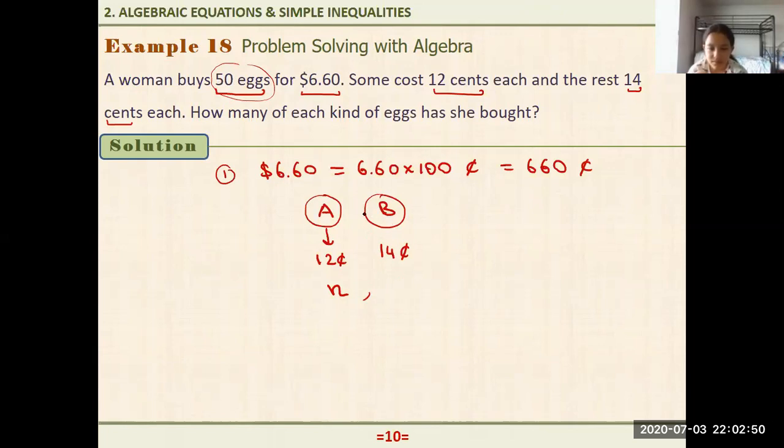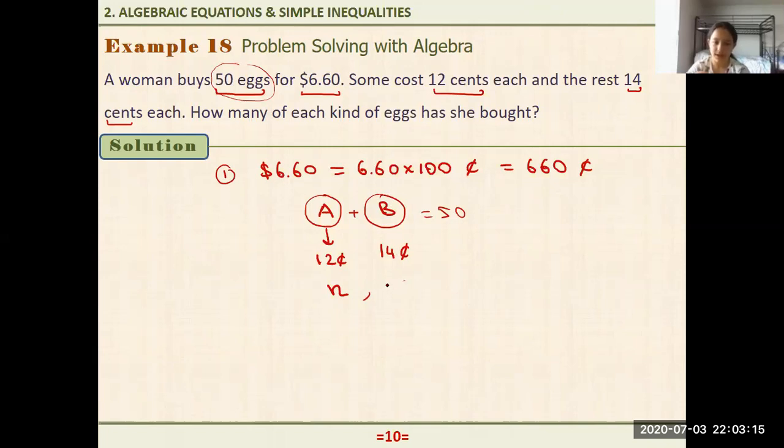And altogether, chicken eggs and duck eggs, what is it? It is 50, right? Because it says a woman buys 50 eggs. n of those eggs are chicken eggs. Then can you express the duck eggs in terms of n? How many duck eggs did she buy?